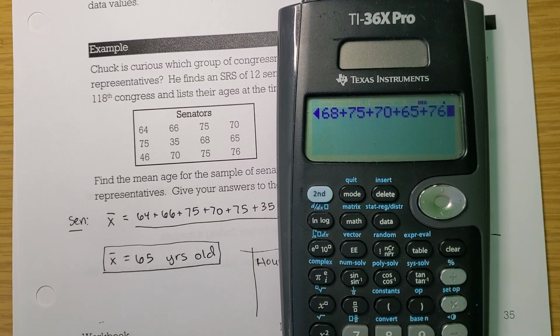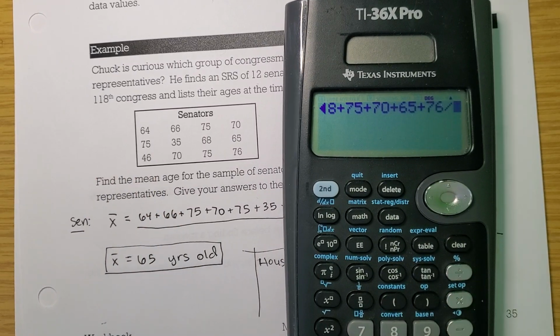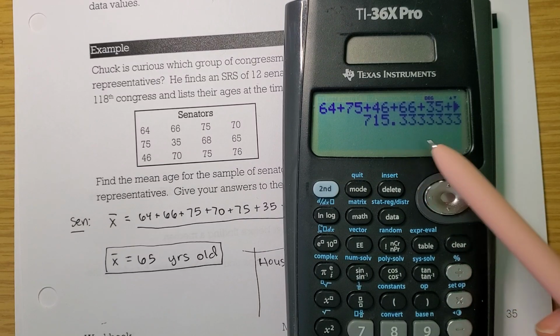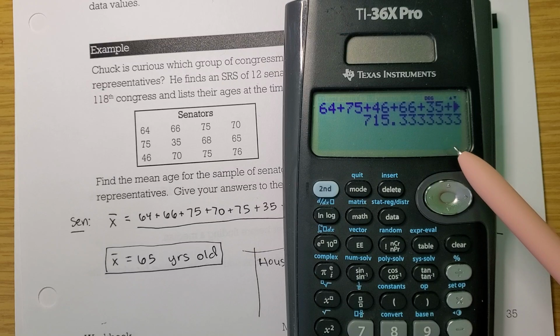So one common mistake is to type all the numbers in being added and then just go ahead and divide by that 12. And this time I got a different answer. I got 715 point repeating 3, which is nowhere near 65, right?